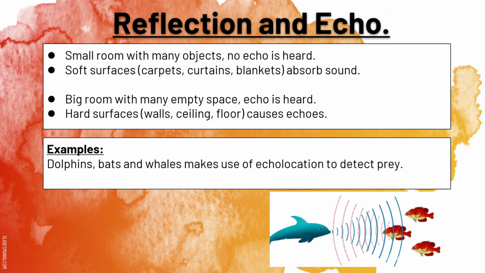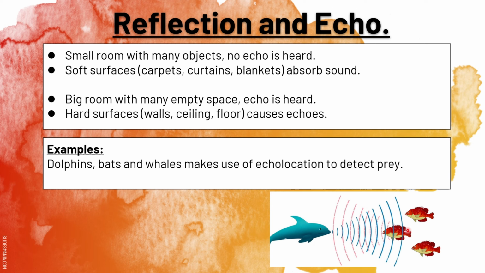Examples of animals that do use echoes and reflections, or depend on echoes and reflections, are dolphins and bats and whales, because they make use of echolocation to detect their prey. What does that mean? You can see here in this illustration, it illustrates echolocation. So this dolphin generates a sound. The sound wave then travels through the water.